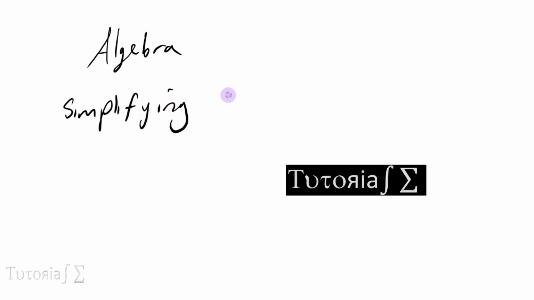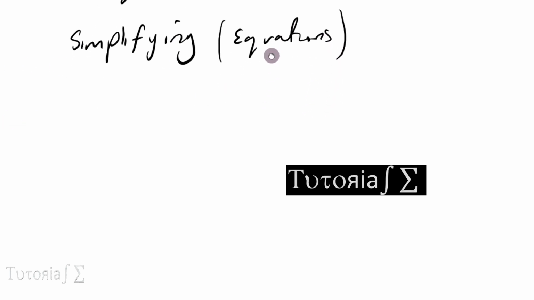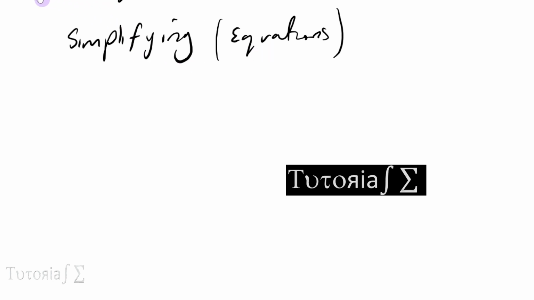Simplifying expressions basically also deals with solving equations. This is where most of you have problems. Now, what is an equation? An equation is anything that has an equal to sign.